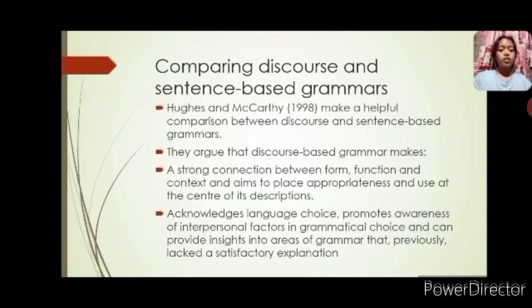They argue that discourse-based grammar makes a strong connection between form, function, and context, and aims to place appropriateness and use at the center of its descriptions, acknowledges language choice, promotes awareness of interpersonal factors in grammatical choice, and can provide insights into areas of grammar that previously lacked a satisfactory explanation.